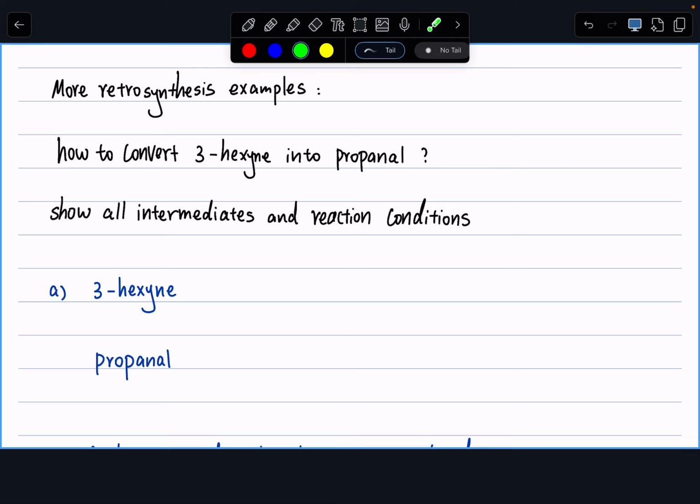From an alkyne, directly breaking that alkyne bond is not straightforward because we don't have a reaction to directly break it. What we have is ozonolysis to break an alkene bond. All right, so the first step, the skeleton manipulation, will be ozonolysis.